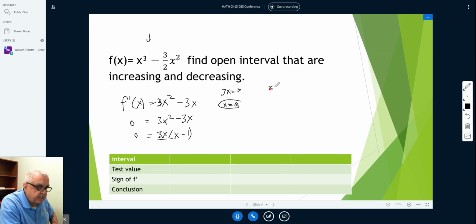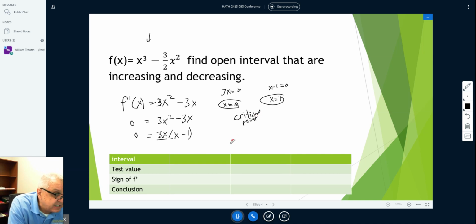Or x minus 1 equals 0, and if I take the 1 to the other side, I get x equals 1. These are my critical points. The critical points are when the first derivative equals 0. So I have a critical point at x equals 0 and a critical point at x equals 1.